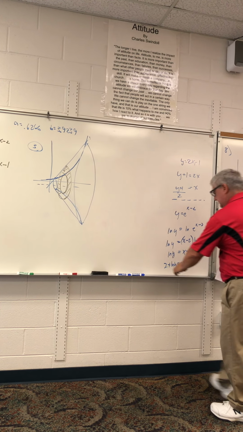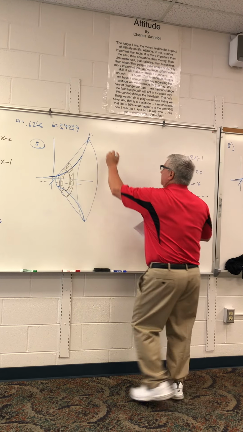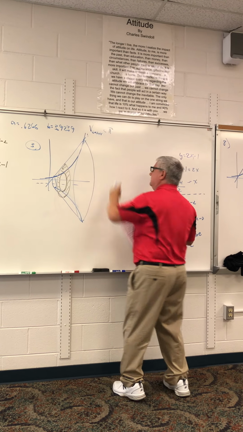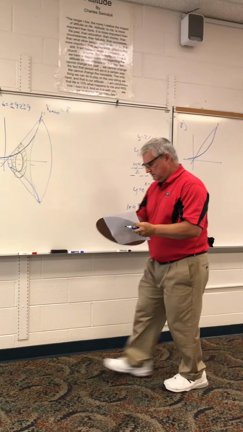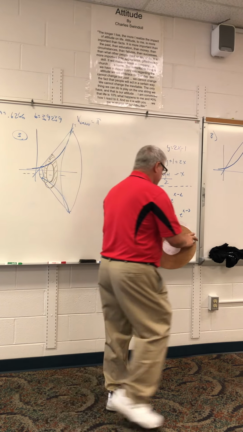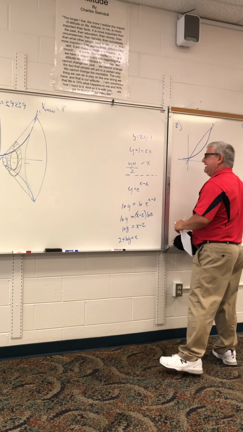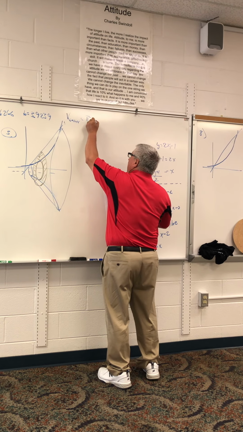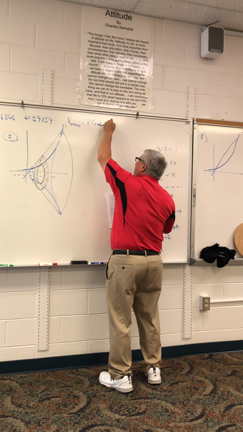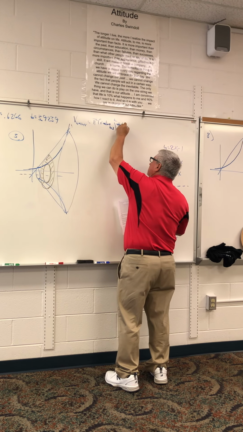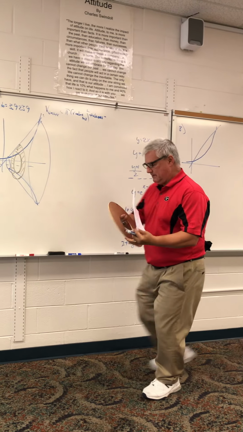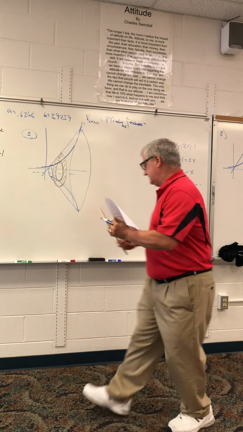Let's see if I got room to put it in here. The volume of the washer is pi times the big radius from the center out here, the big radius squared times the thickness, minus the volume of the inside, which is also a disk.